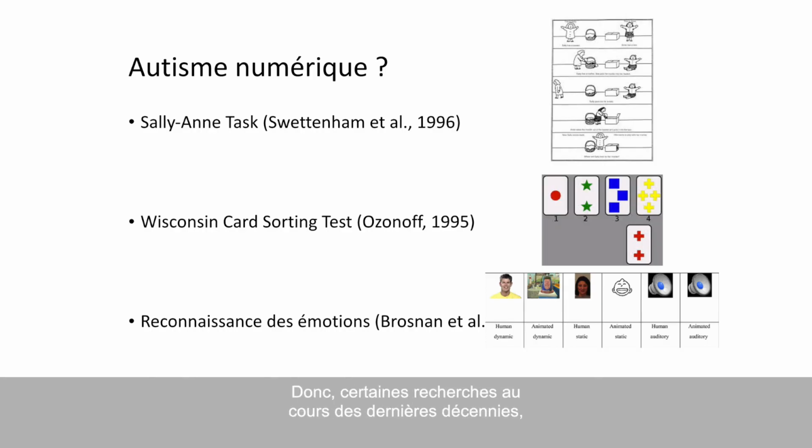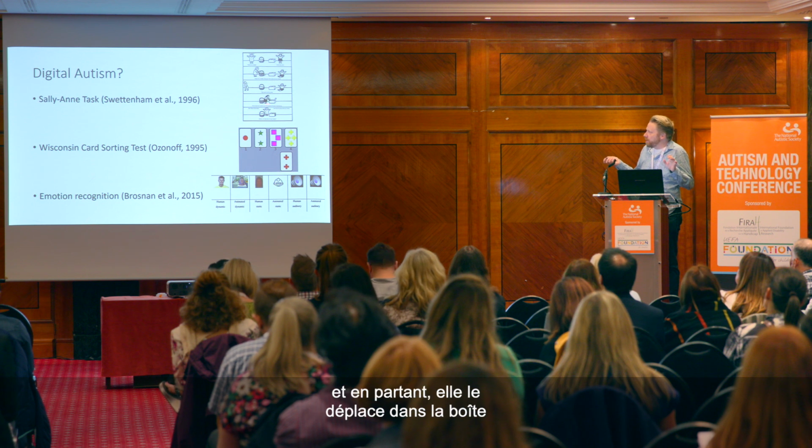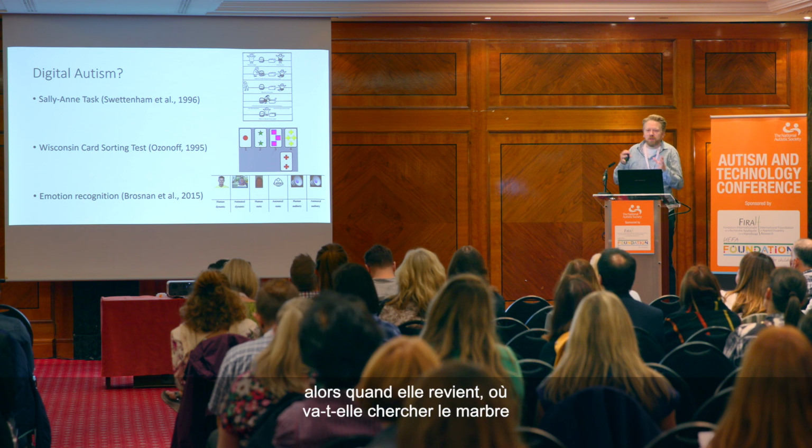So some research through past decades has identified aspects of the assessments used to assess autistic people. For example, the Sally-Anne task, and you can see a representation of it. You might be familiar with it, where Sally has a marble and she puts it in her basket, and while she's gone, Anne moves it into the box, so when she comes back, where will she look for the marble?